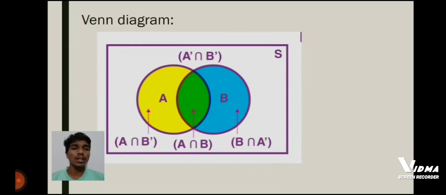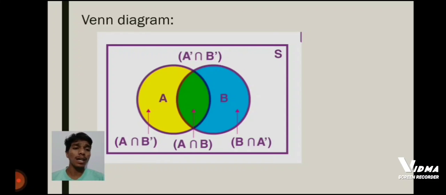Here event A and event B are represented as circles in the sample space. A intersection B bar is the yellow part, and A intersection B is the green part, where events A and B are the same.